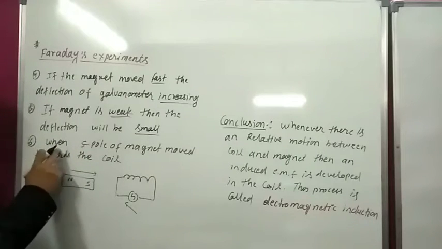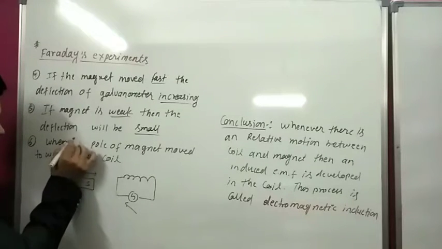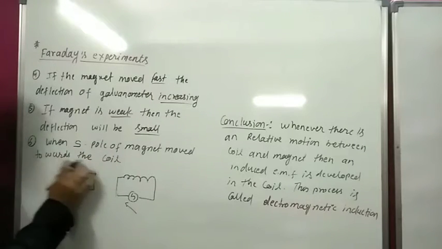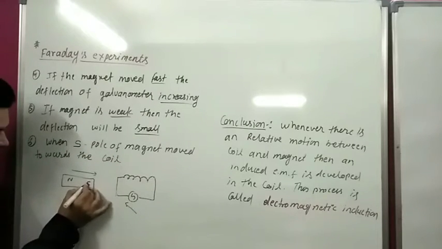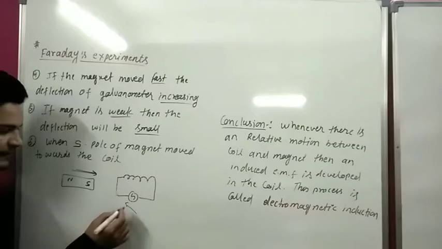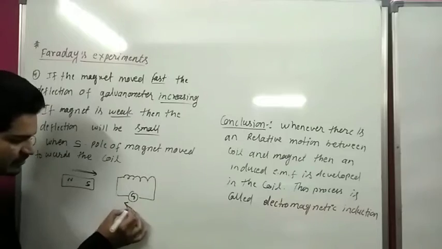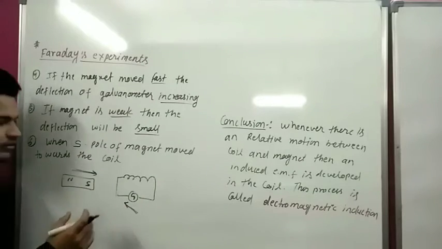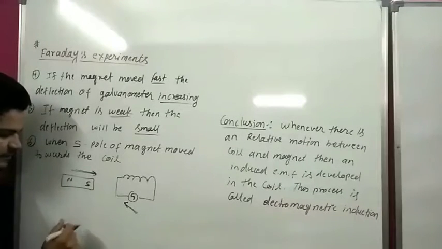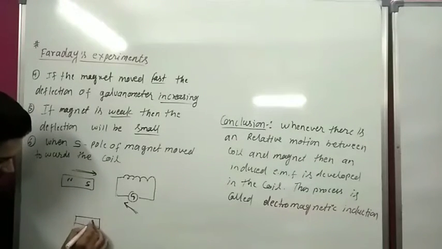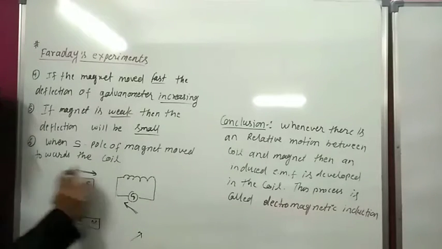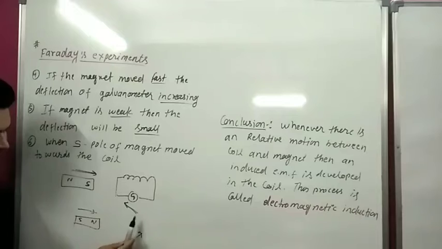Sixth point: when the south pole of the magnet moves toward the coil, then the deflection in the galvanometer is in the opposite direction to that of the north pole. When the north pole is moving toward the coil, the deflection is in this direction, and when the south pole is moving toward the coil, the deflection is in this direction.